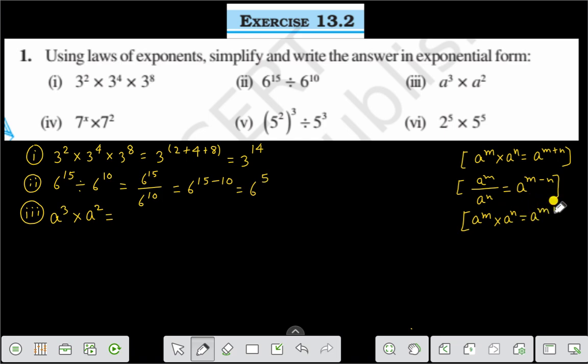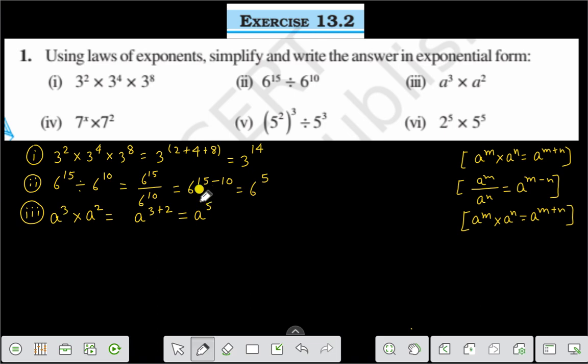Therefore, we can write a to the power 3 plus 2, that is a to the power 5.